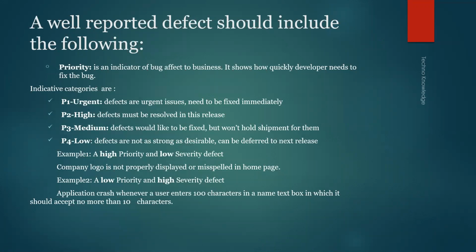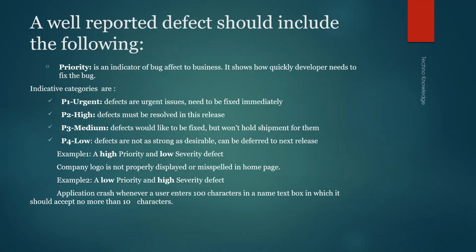I can give you some examples of two different ends. One is a defect of high priority but low severity. For example, a company logo which is not properly displayed, or is misspelled on the home page, the severity could be low, but the priority would always be high.